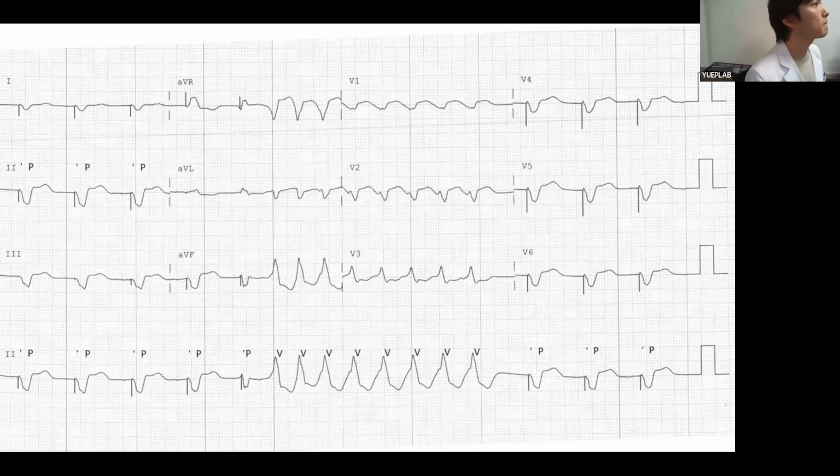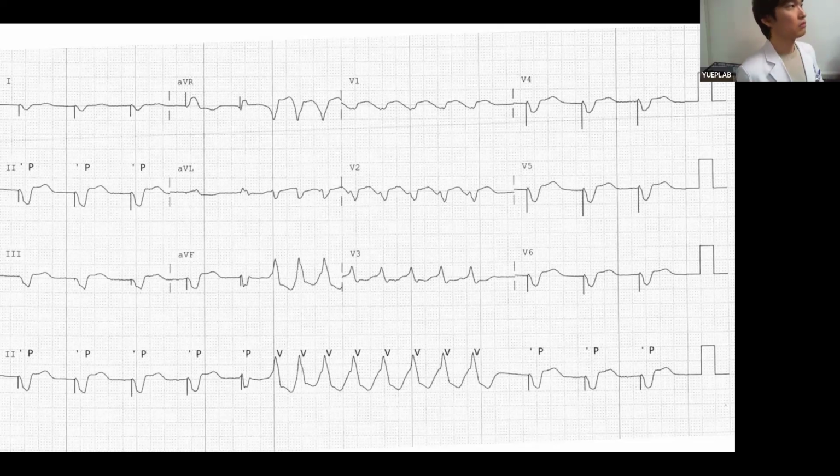So we cannot trust the exact lead location if it is telemetry, right? But the unusual finding is, if it is a usual permanent pacemaker implantation, usually we pace the mid-septum or not very far apex. But if you look at V5-6, all deep S waves mean the ventricular pacing is from a very far apical RV apex, right?